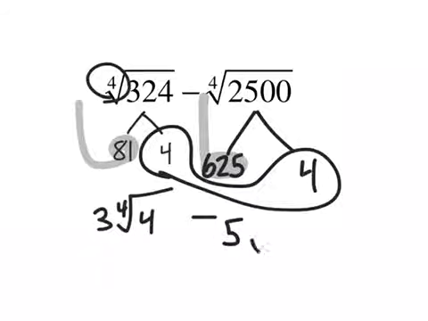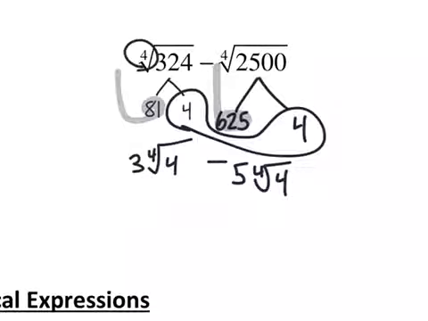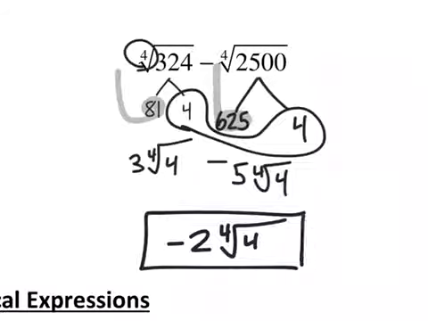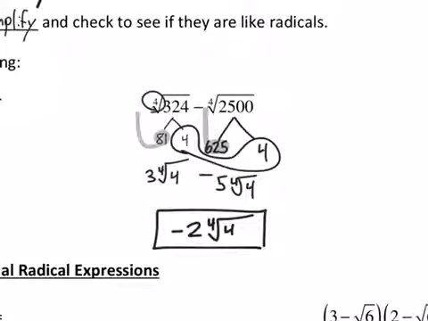So we then have 5 fourth root of 4. And then this is a simple 3 minus 5 to get us a negative 2 fourth root of 4. All right, so always simplify these first before you make any conclusions on whether you can combine these or not.